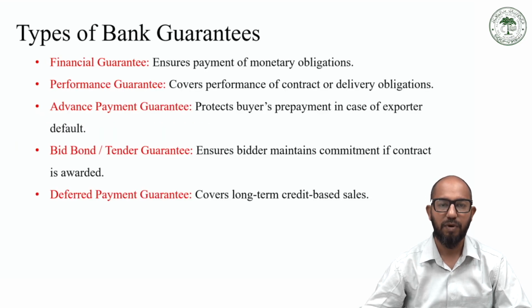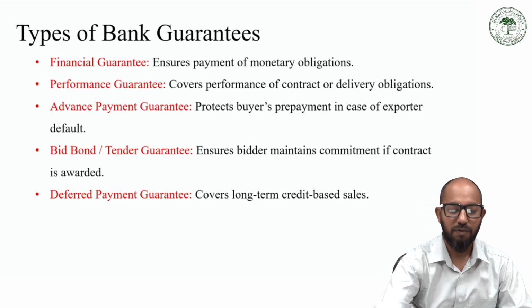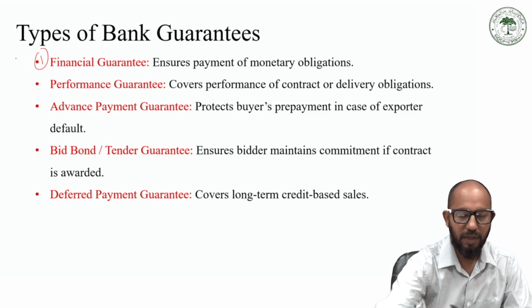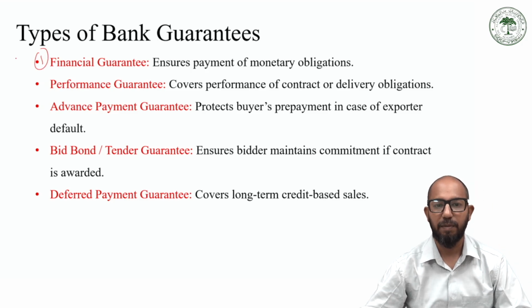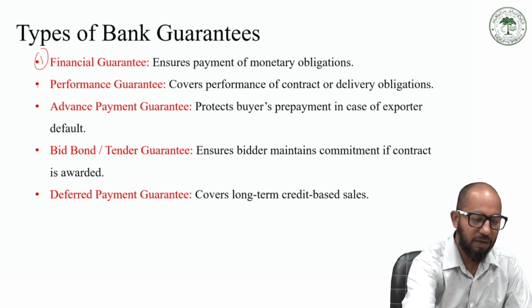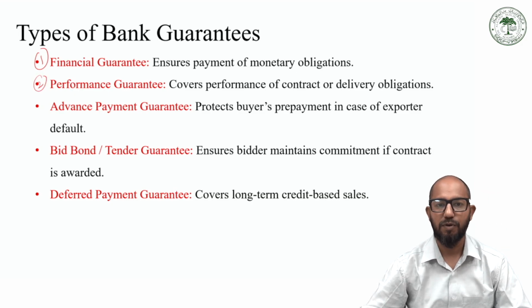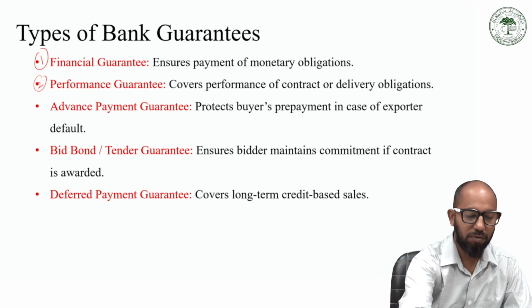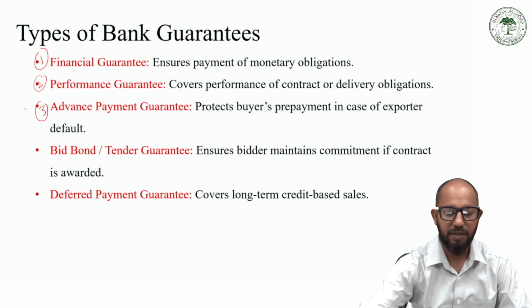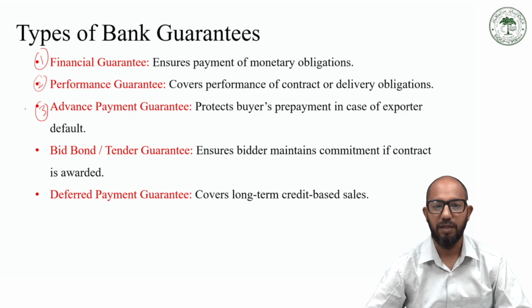Let us now try to throw some light on the different types of bank guarantees. The first is financial guarantees, which ensure payment of monetary obligations. The second is performance guarantee. It covers performance of contract or delivery obligations. The third type of bank guarantee is advance payment guarantee.